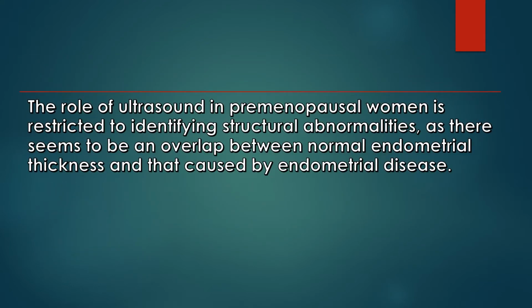The role of ultrasound in premenopausal women is restricted to identifying structural abnormalities, as there seems to be an overlap between normal endometrial thickness and that caused by endometrial disease.